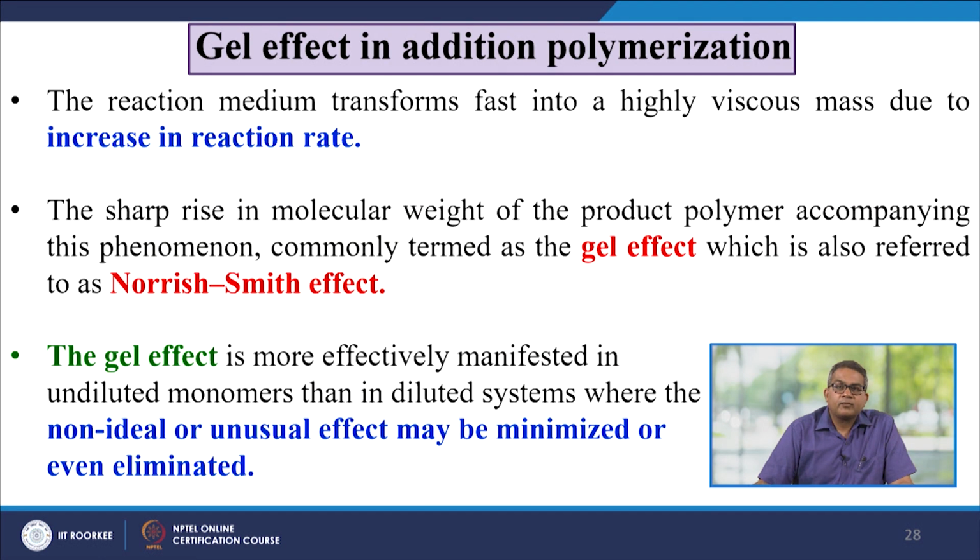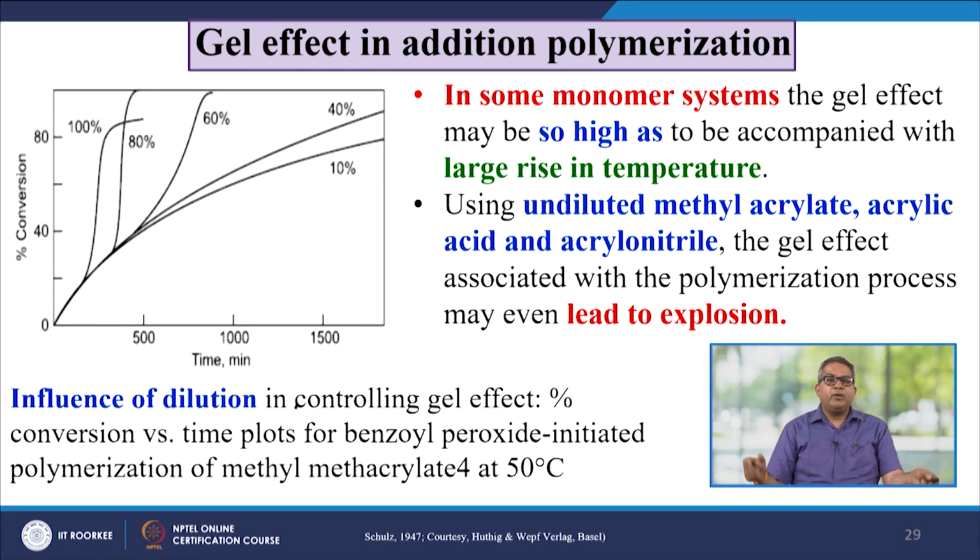Let us talk about the gel effect in addition polymerization. The reaction medium transforms fast into a highly viscous mass due to the increase in the reaction rate. The sharp rise in molecular weight of the product polymer accompanying this phenomenon is commonly termed the gel effect, which is also referred to as the Norrish-Smith effect. Now, this gel effect is more effectively manifested in undiluted monomer than in a diluted system, where non-ideal or unusual effects may be minimized or even eliminated.